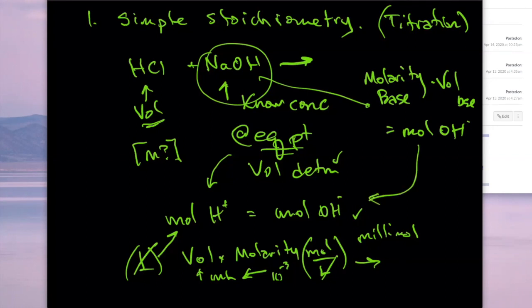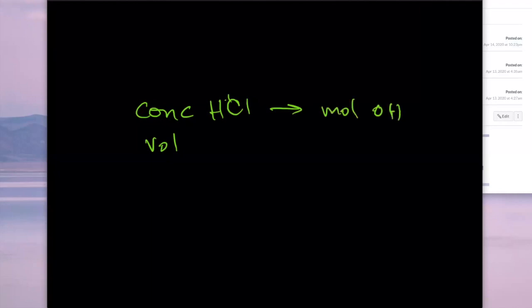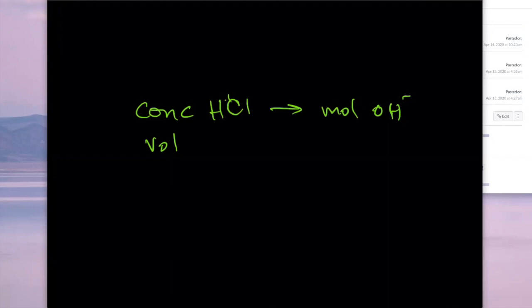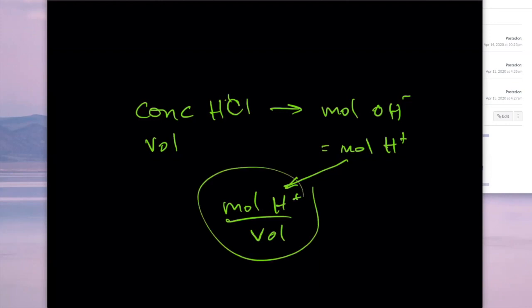If you want to know the concentration of your acid, the analyte, HCl, and you know the volume, then if you know the moles of the hydroxide from the titration, which is equal to the moles of your H plus, you just take the moles of H plus and divide by the volume of your acid. That gets you the molarity of the analyte.